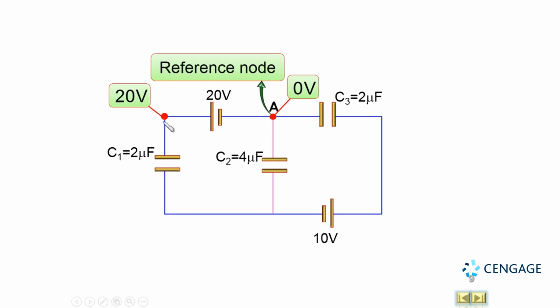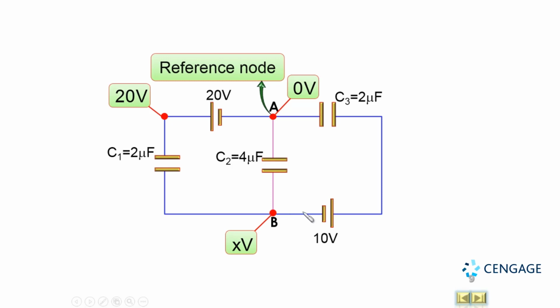Now let us move further and write the potential of the other point. We cannot write the potential of this point directly. We cannot write the potential of this again as 0 because we have referred to this point as 0 volt. So we need to write the potential of this point as an unknown. Let us call this point B and write the potential of this point as x volt.